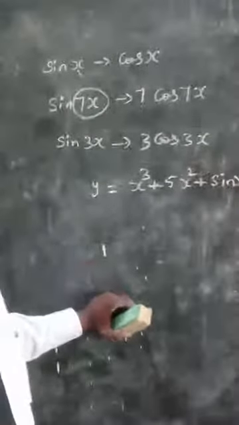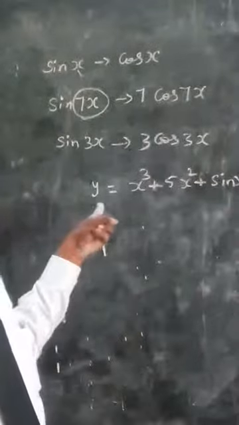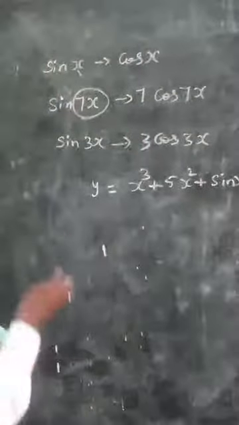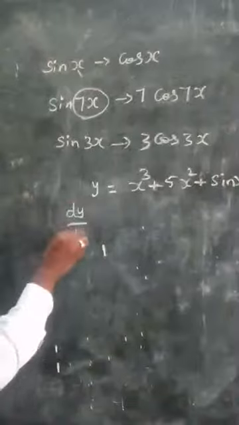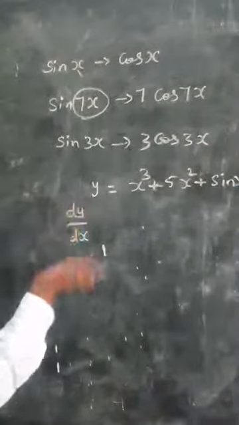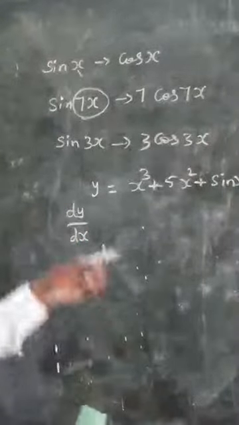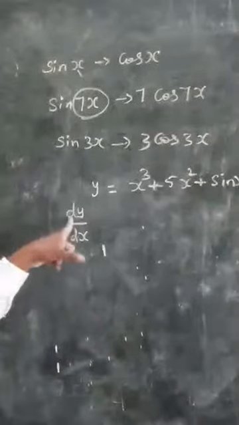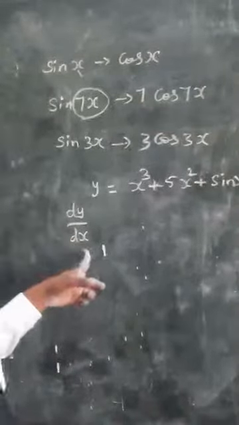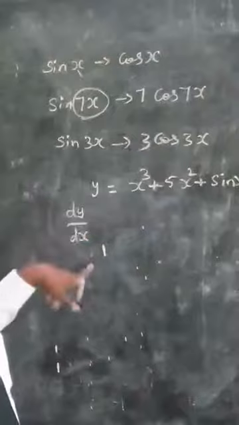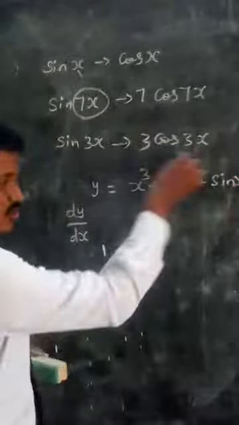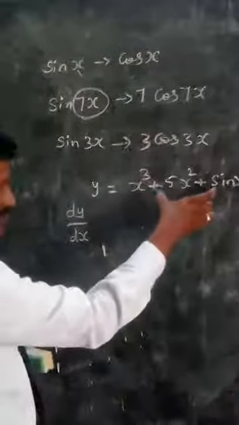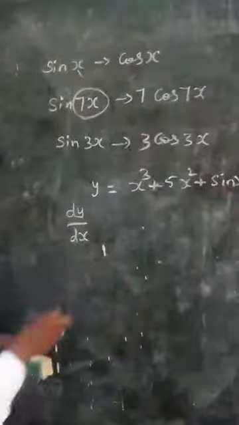Suppose this is the function, and the question is to differentiate this with respect to x. So now I want to find dy by dx. What is the meaning of dy by dx? In the beginning itself I said, differentiation of y with respect to x.